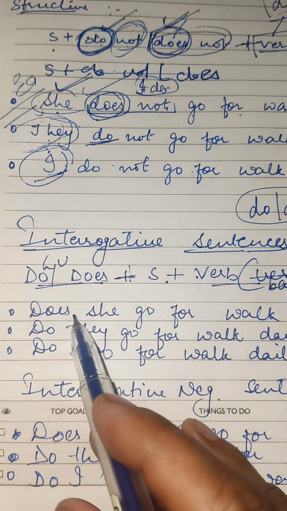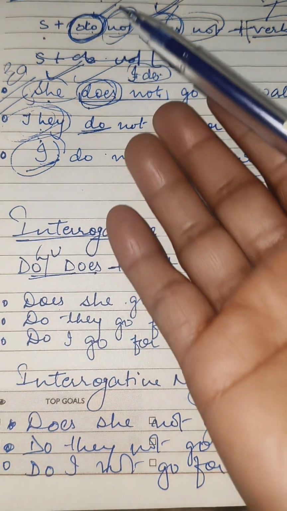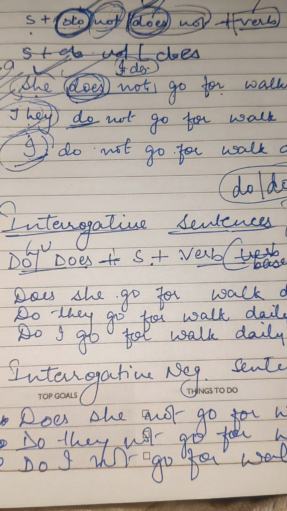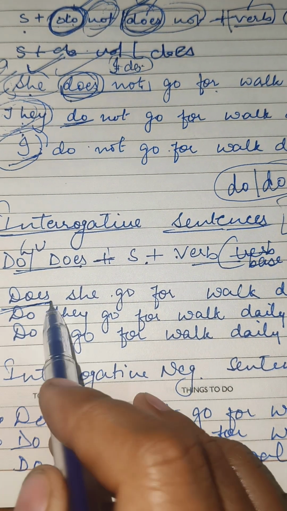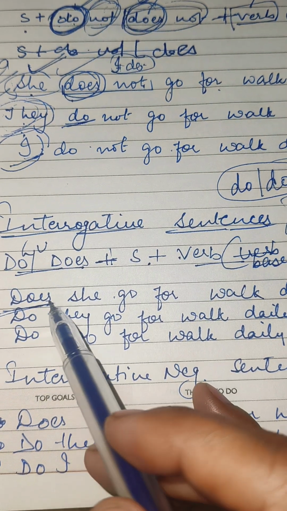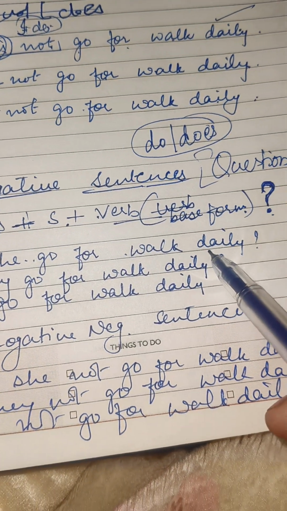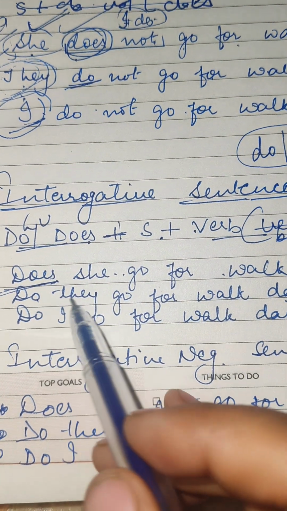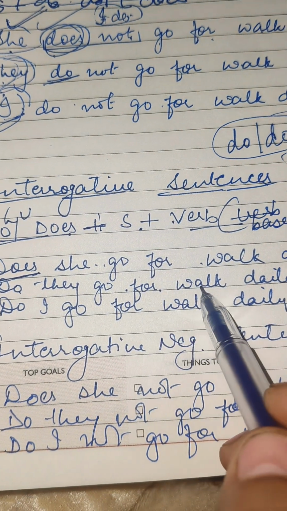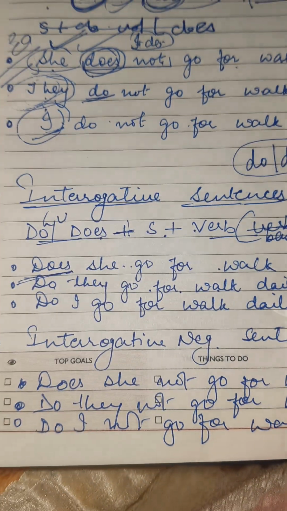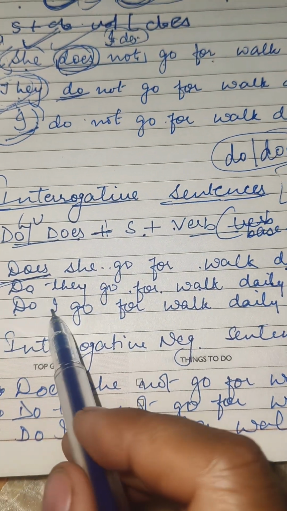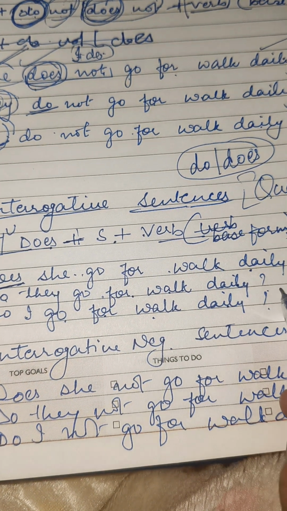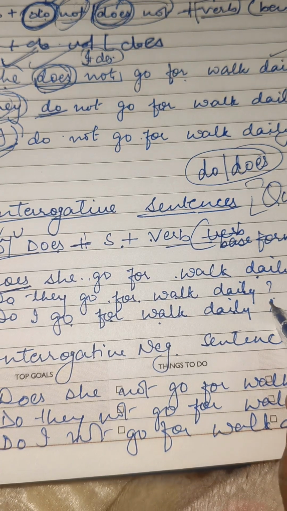Does she go for walk daily? Question mark. Do they go for walk daily? Do I go for walk daily? So this is all about interrogative sentences.